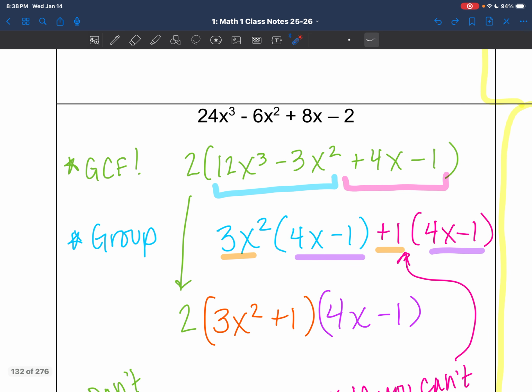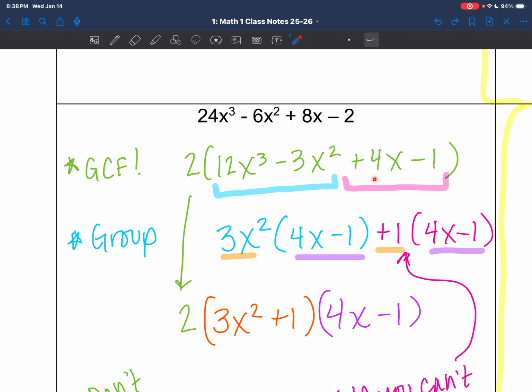Now let's look. If I look here, I know the biggest I can take out would be 3x squared. So I'm going to divide this by 3x squared, and I'm going to get 4x. I'm going to divide this by 3x squared, and I'm going to get -1. So that's the first part. And now I'm going to look here.